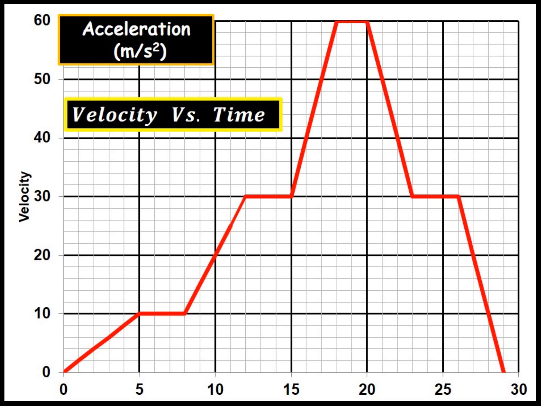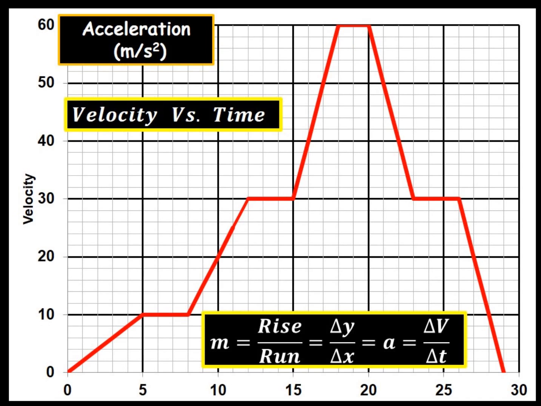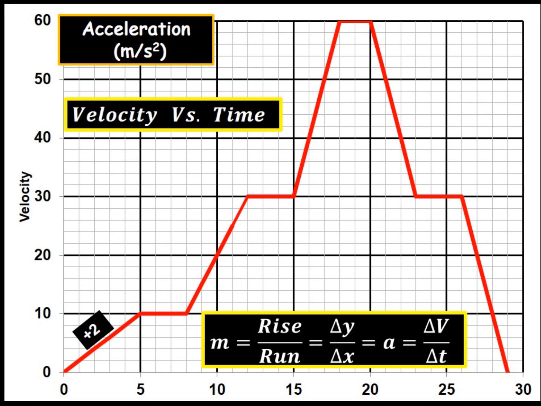Then the slope of the next line is going to go from 8 to 12, which is 4. And then 10, then 20. So that would be 20 over 4, which is plus 5. All right, so it's going to start to go very quickly. Make sure that you can find the slope of each line as we do it. Plus 2. All right, then it looks like it's going to come up to be 0.